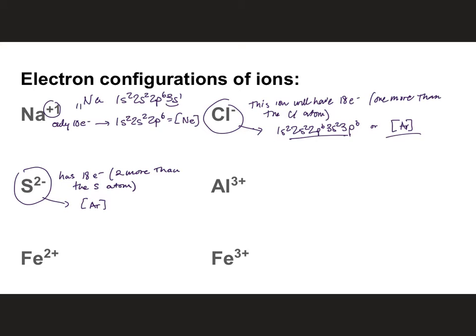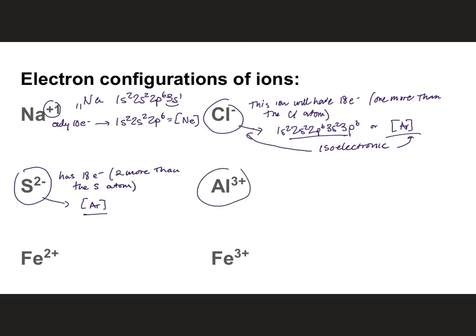The name does change, there's a suffix change. And 18 electrons, same as argon. When 2 particles have the same electron configuration, they are called isoelectronic. So you could say that the chloride ion and the argon atom are isoelectronic. They have the same electron arrangement.